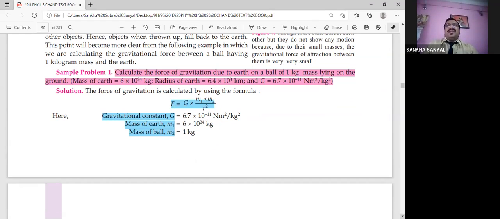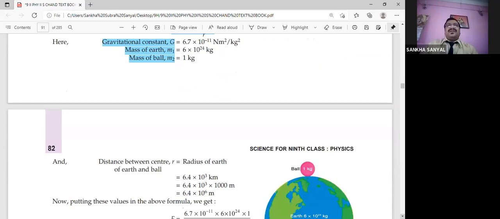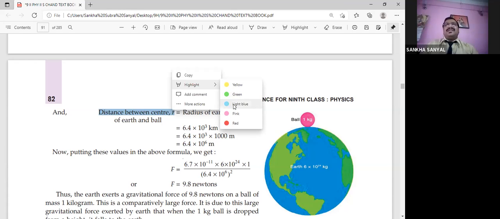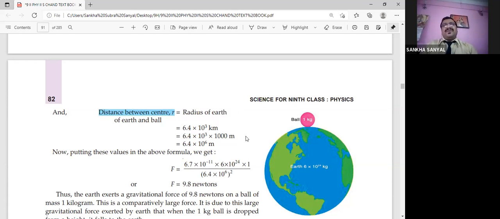And the radius of the earth is taken to be the distance between the two bodies, and it is 6.4 into 10 to the power 3 kilometer. What we can do over here is convert this into the SI system, which is the meter. So it would be 6.4 into 10 to the power 6 meter.